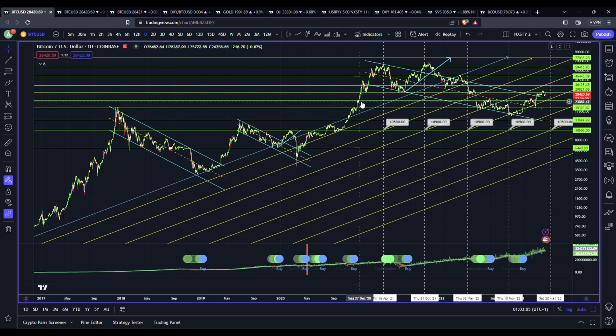The second one is the 23,857. The next one is our 29,821.05.